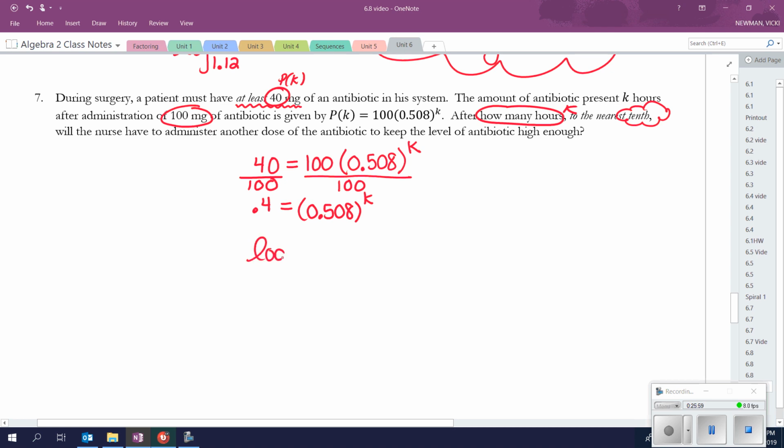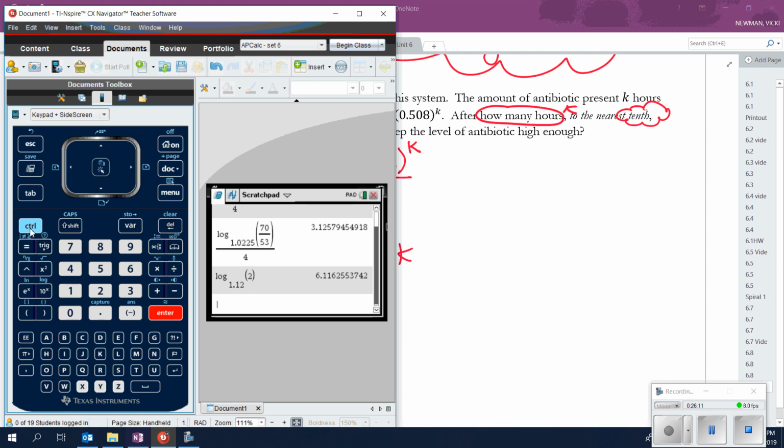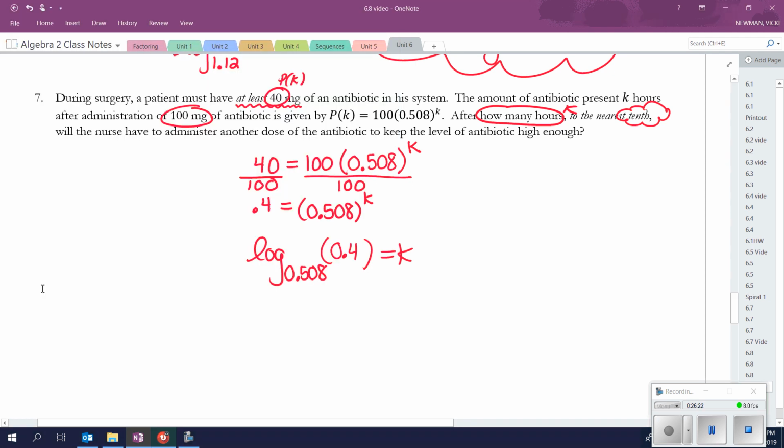Log base 0.508 of 0.4 is equal to k. So let's see how long it takes before he needs more antibiotics. So log base 0.508 of 0.4, 1.35 something, and it said nearest tenth. So k equals 1.4, yeah?